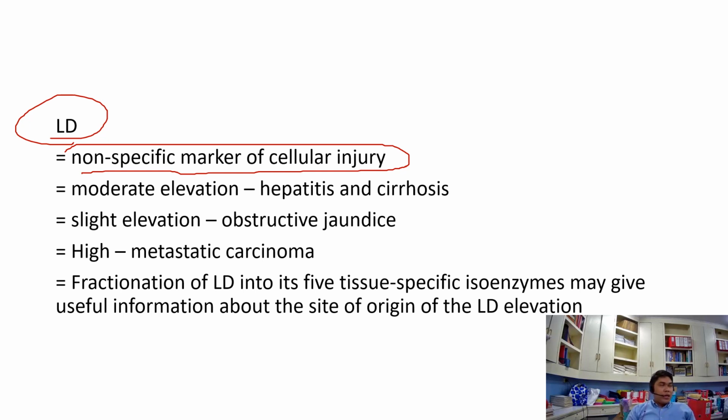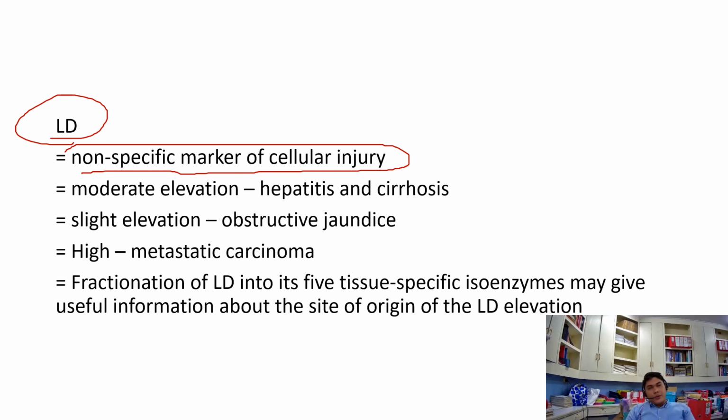Now, the problem with lactate dehydrogenase is that it's not specific, so you need fractionation of LD into its 5 tissue-specific isoenzymes, and that may give you useful information about the site of origin of the LD elevation.